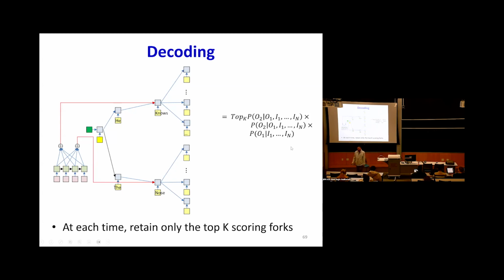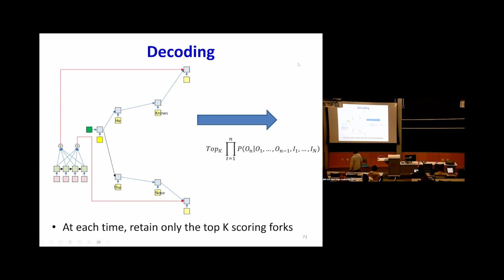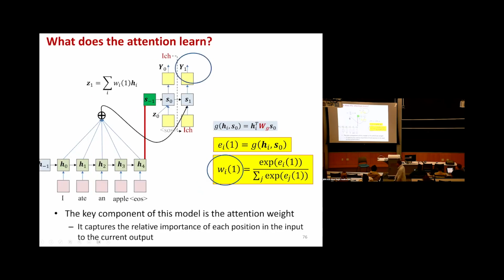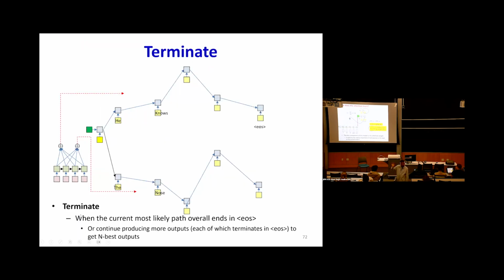Which means that although some word might be highly probable in the upper path, it may still get pruned out when it's compared to some locally lower probable word in the lower path, because the path level probability was higher, right? So at each time, you're just going to retain the top k scoring paths and continue this until you eventually hit an end of sequence marker, which gives you a word sequence that's more probable than anything else that you have retained. And that's when you're done, right? So does that make sense?